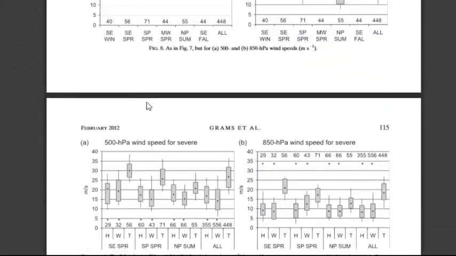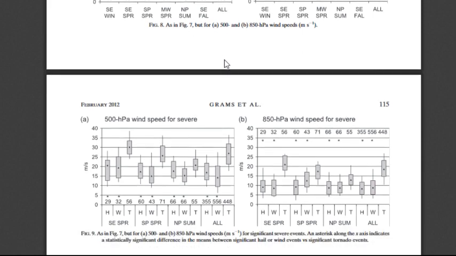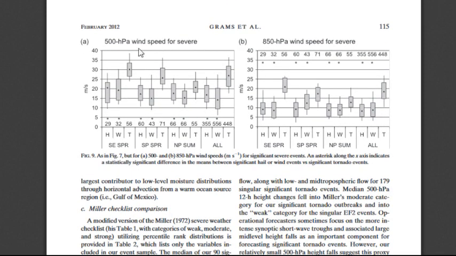And let me just scroll down here. And I will show you something that is very interesting. This is the wind speed for all the different types of severe weather, hail, wind, and tornadoes by region. And one thing that really stands out here is the tornado events.